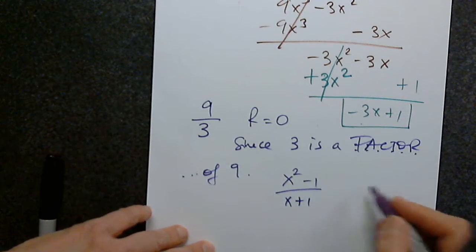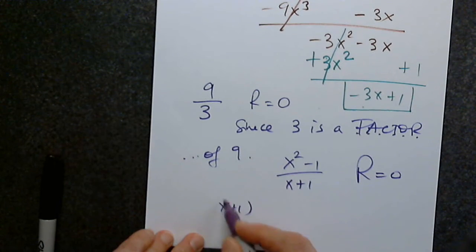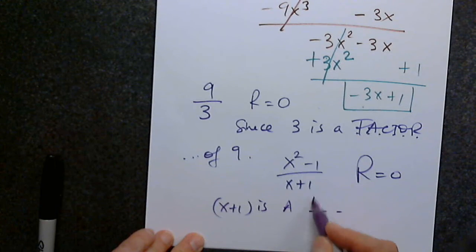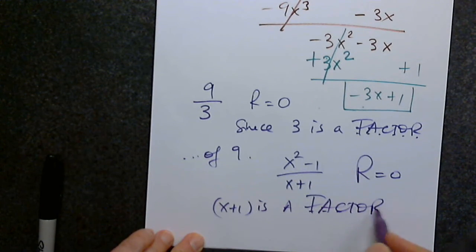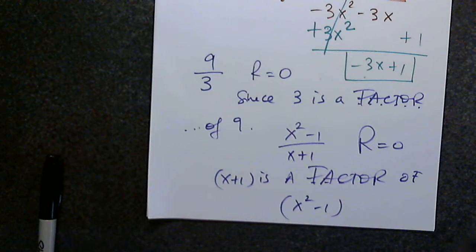And I don't care about the quotient, but I know the remainder is 0. What will you say about x plus 1? Factor of, that's it. Please remember that. Always when the remainder is 0, what we divided by is a factor of the top. Good.